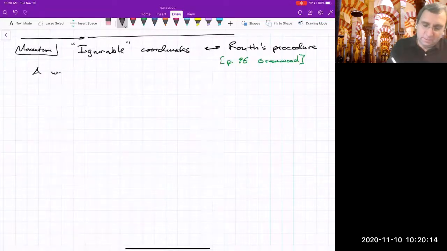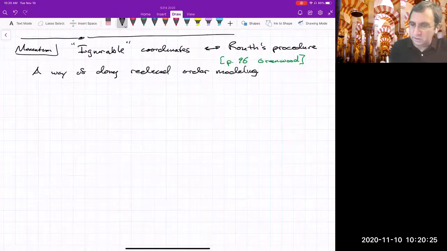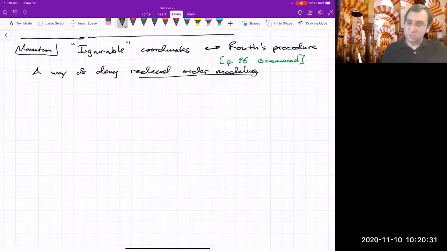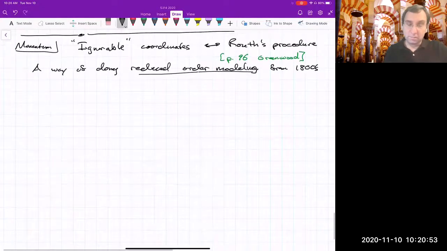If you're not familiar with the term, you don't have to use all the variables. You could use some subset and get the right answer, but it's like an exact mechanics version of reduced order modeling from the 1800s. So don't be too enamored of what's new and fashionable. Some of the good stuff is very old. So we'll first consider an example, and I wish I had one, but we're going to talk about the spherical pendulum.